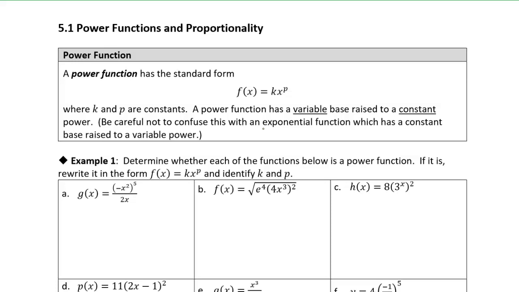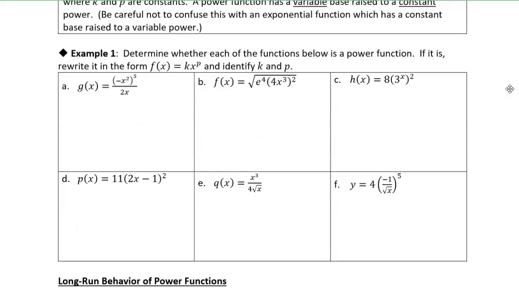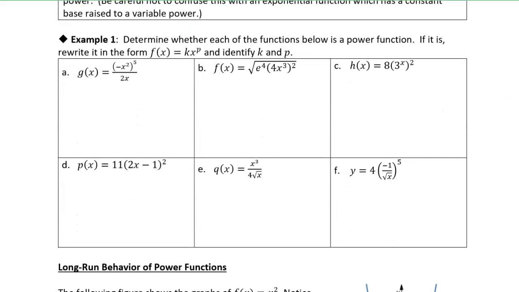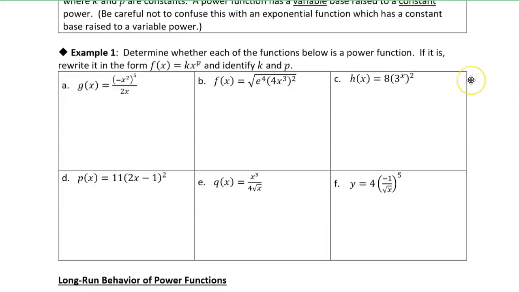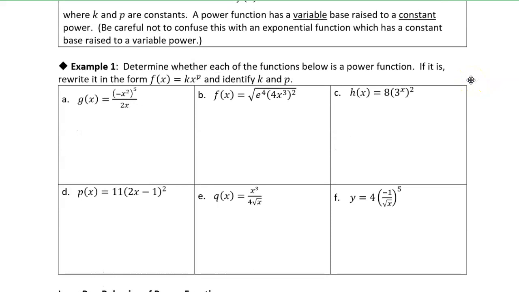So in this first example, we're given some functions that may or may not be power functions, and we have to rewrite them to determine whether they are power functions or not. A lot of these are power functions in disguise, and it's really going to rely on your properties of exponents.